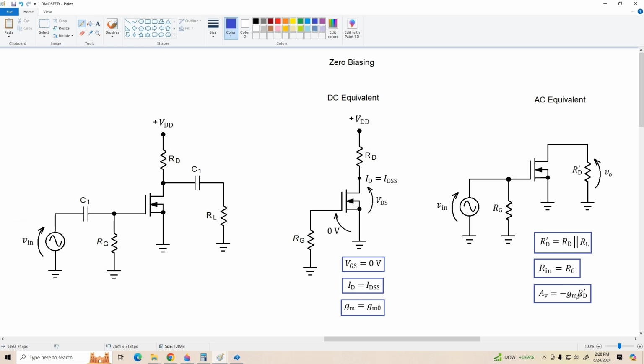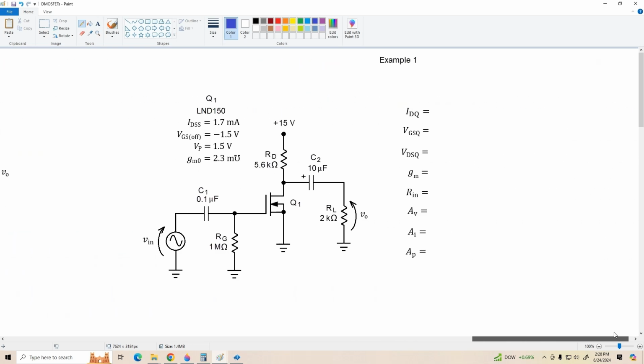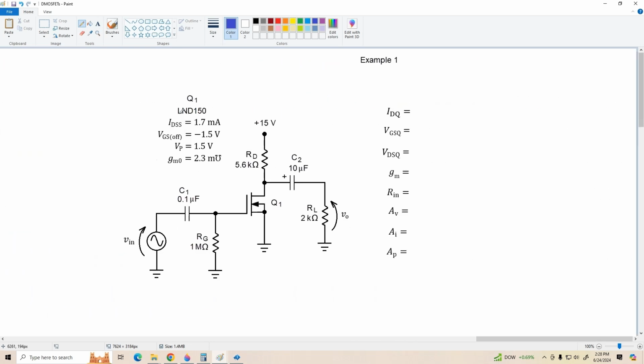So let's just go take a look at an example problem here. We're going to use an LND 150: IDSS 1.7 milliamps, VGS off negative 1.5, VP is 1.5 volts, and GMO 2.3 millimhos. All right, so this is really simple. IDQ equals IDSS, so that's 1.7 milliamps.